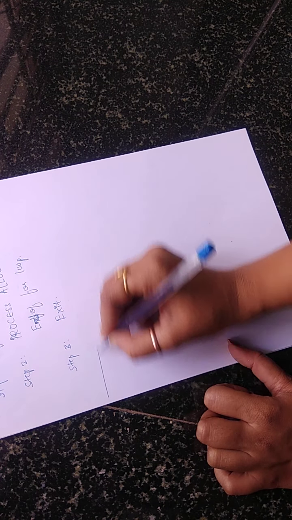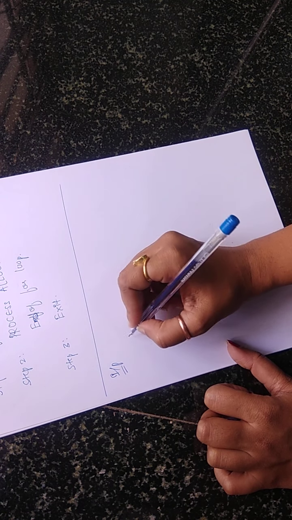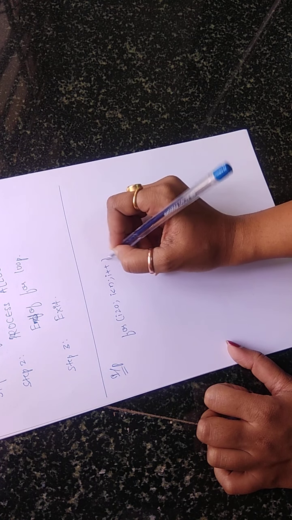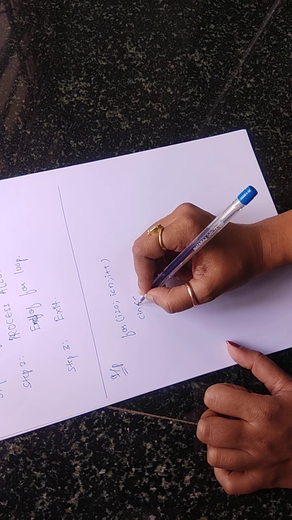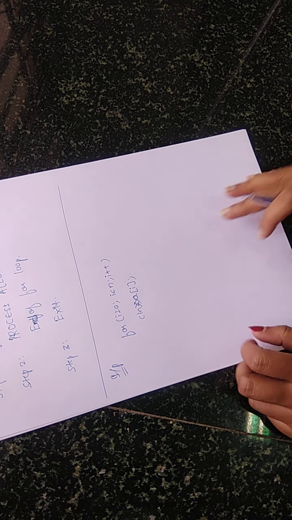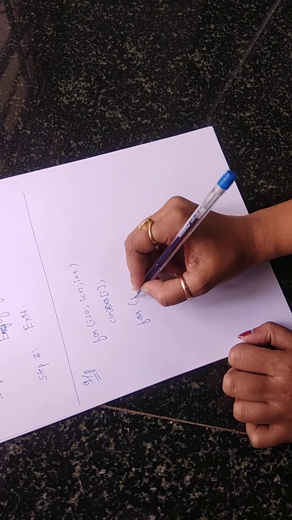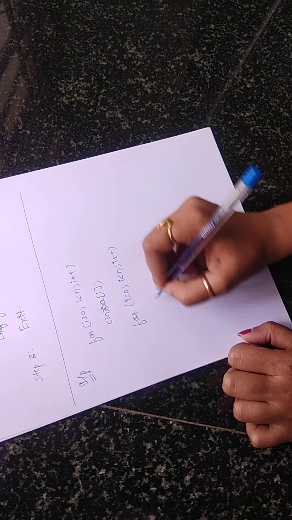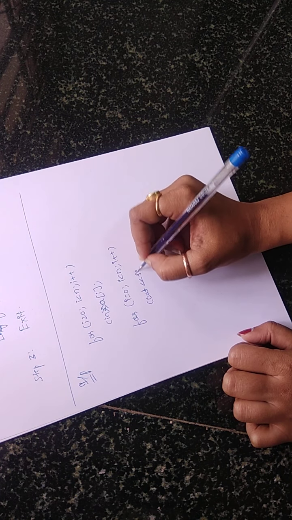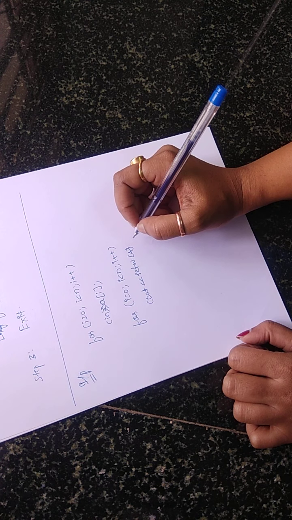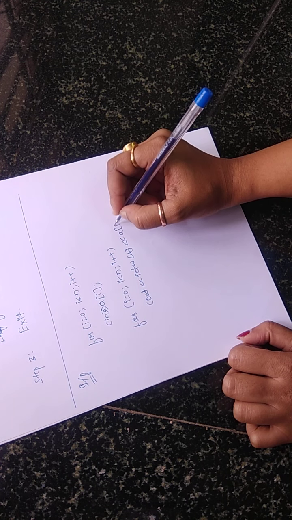Input is done with for I equals 0, I less than n, I plus plus, cin A of I. Then the output is done with the same method, for I equals 0, I less than n, I plus plus, cout, setw to give some space between each element, A of I value. Done?